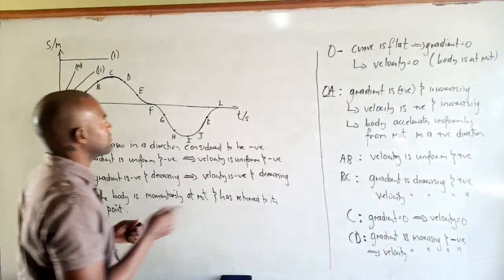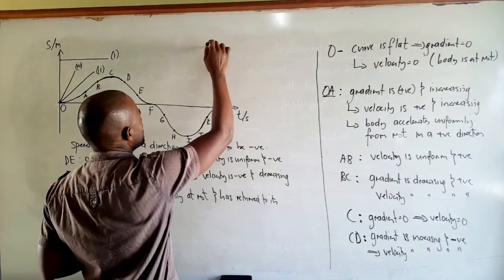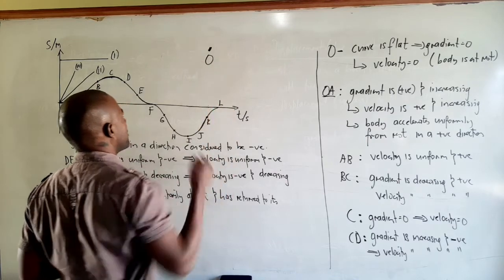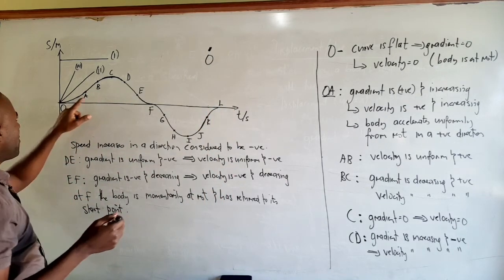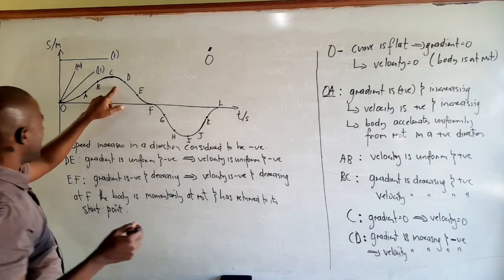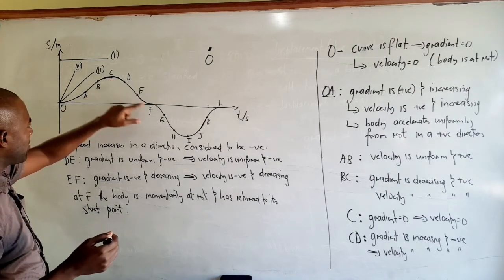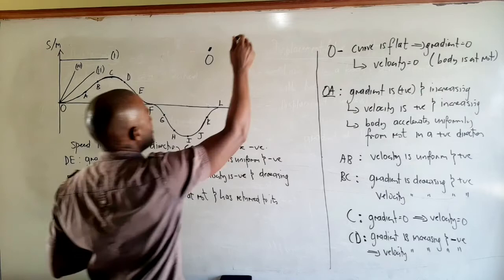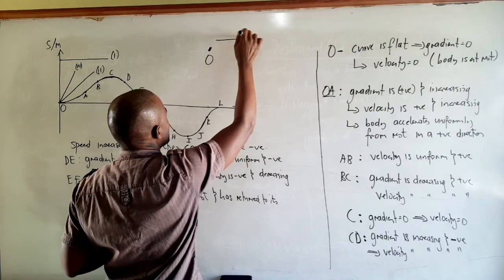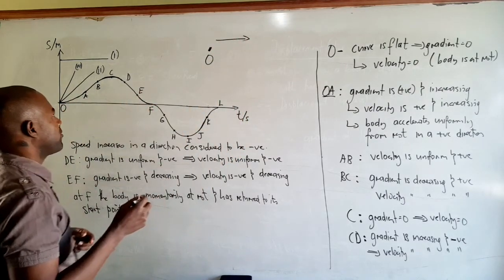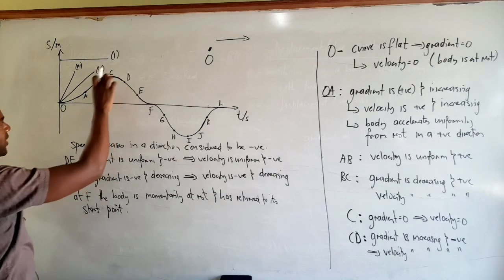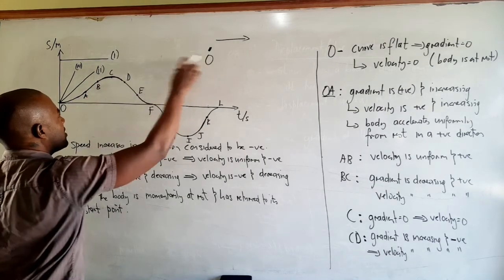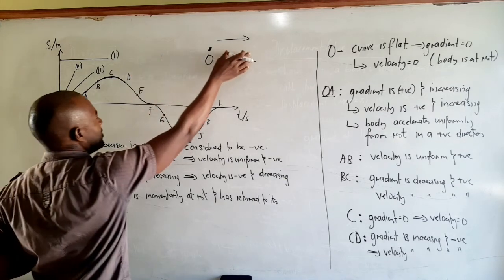What exactly does this mean? Let's say this is our reference point O. For the region where the body's displacement is positive, increasing, and then comes back, that means that the body is to the right of the reference point, right? So O, A, B, C, right? It was moving away from the reference point, and eventually it was basically to the right.